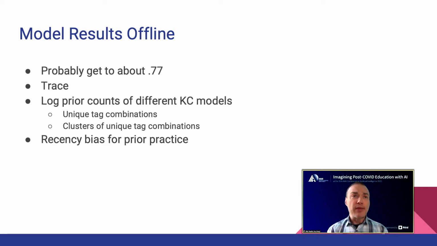And then we had this method where we would cluster that result to assign clusters to each of the unique tag combinations. And then we would be able to have essentially a new KC, which was the cluster of previous KCs. And so that could be done hierarchically in theory.